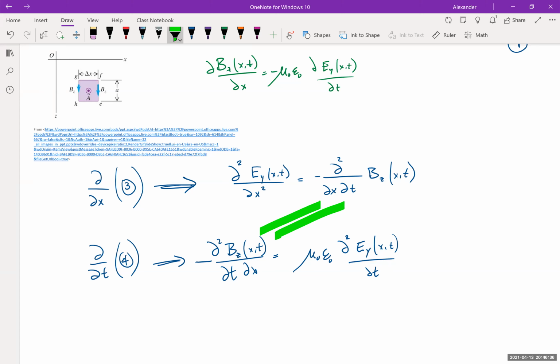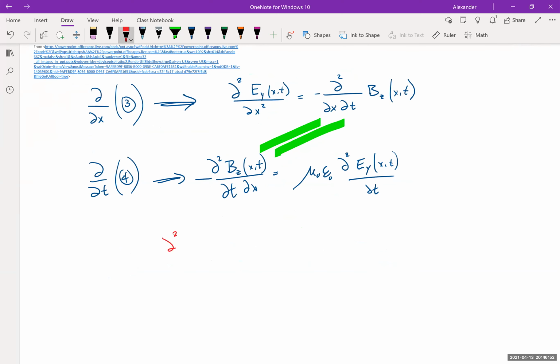The right-hand side of the partial of equation 3 with respect to x is equal to the left-hand side of the partial of equation 4 with respect to time, which means... Now, that should look really familiar.